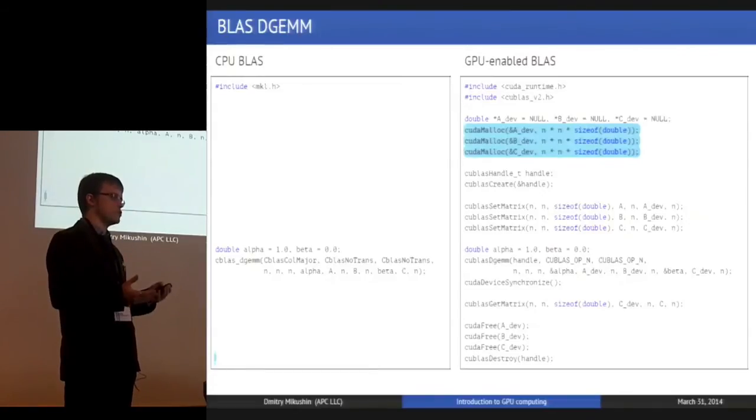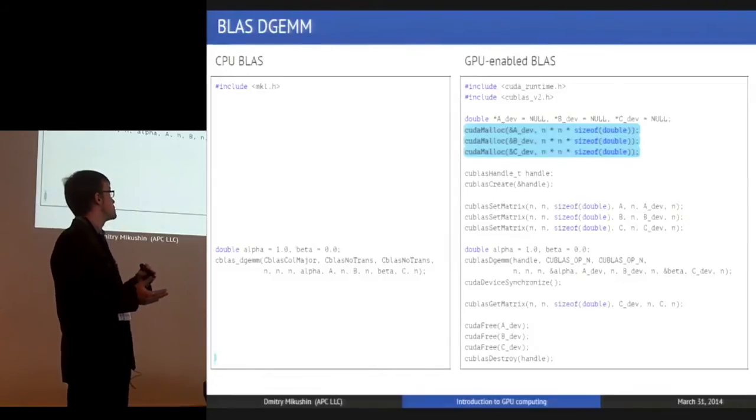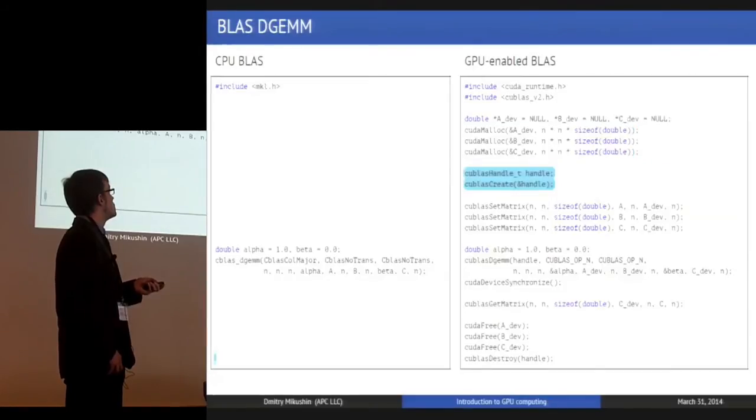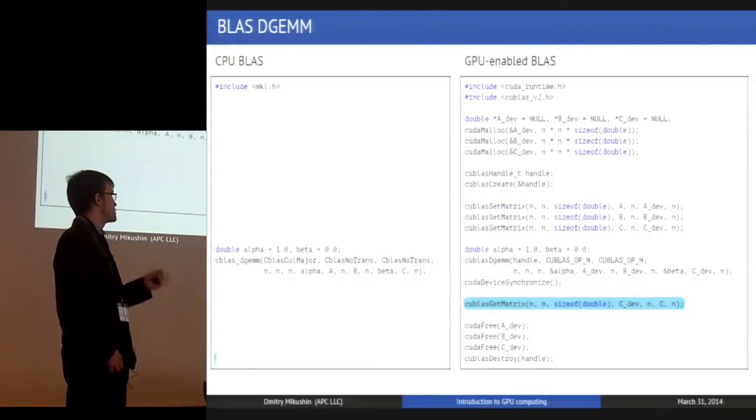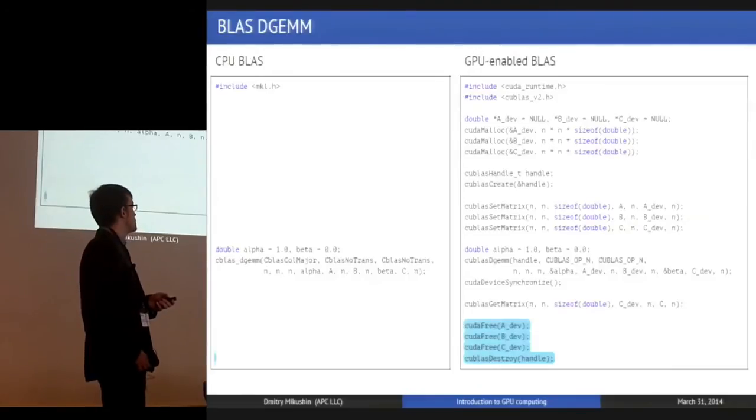We need to allocate memory on GPUs, transfer input matrices, and transfer back the output matrices. We also create a handle for BLAS operations, which is meant for multi-GPU use. Set matrix is a copy operation from host to device, and get matrix is a copy operation from device to host. Afterwards, we free the GPU memory.